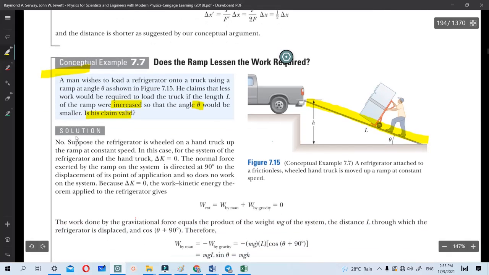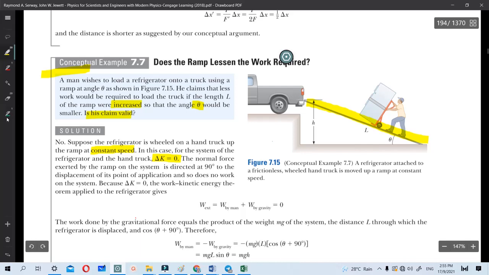Okay, now there is an additional info to this question. The additional info that this question should say is that the refrigerator is to be wheeled at constant speed. So, for that reason, change of kinetic energy would be 0.